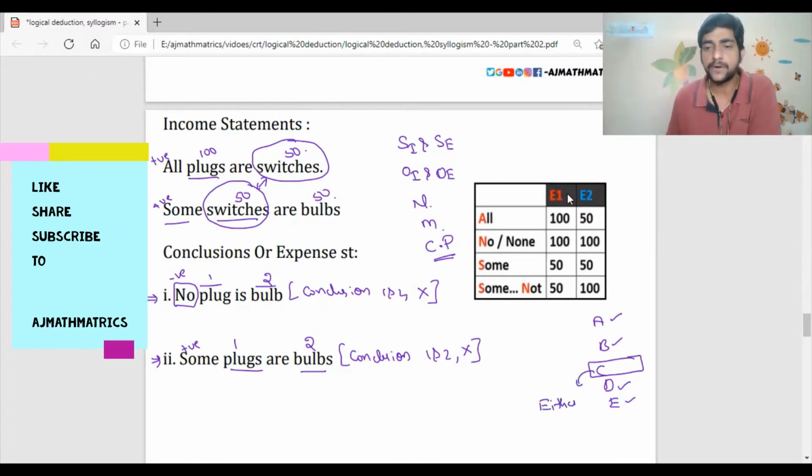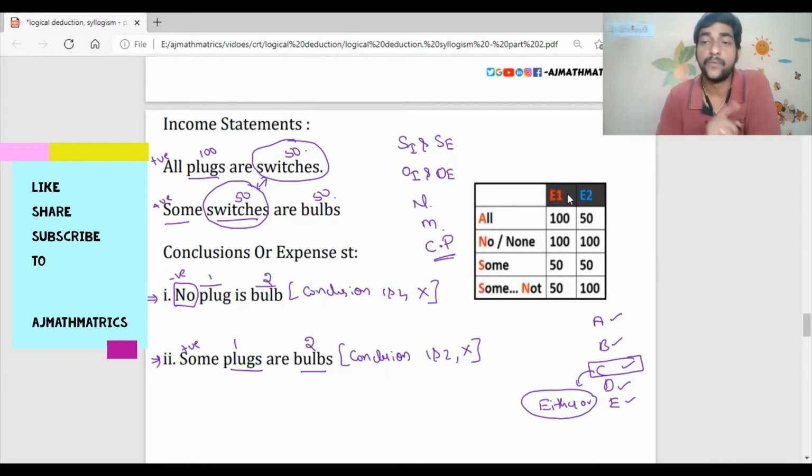When will we get C as the answer? When both conclusions do not follow, we need to check whether these two conclusions belong to a complementary pair or not. If the two conclusions do not follow and they belong to a complementary pair, then we can say C is the answer.